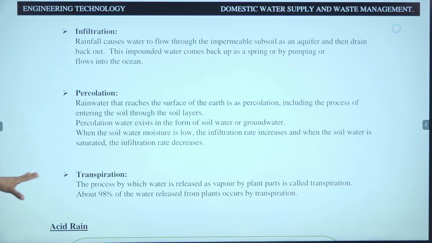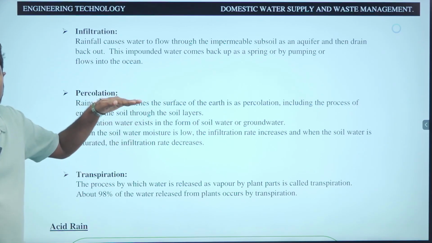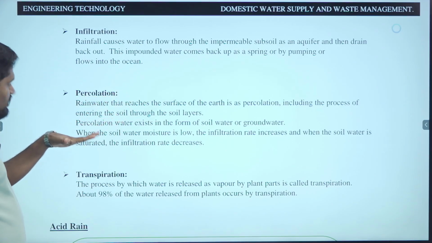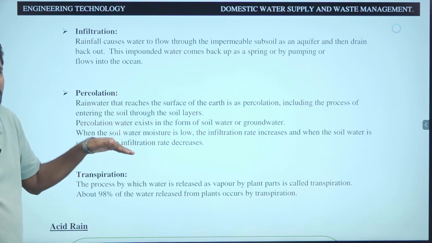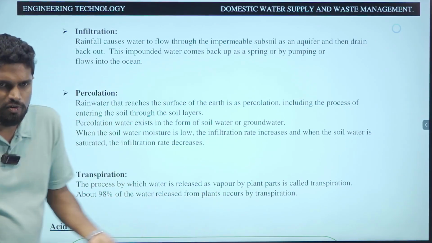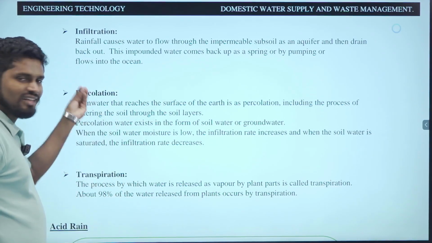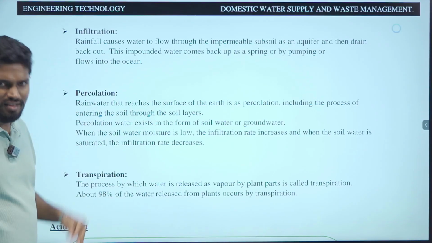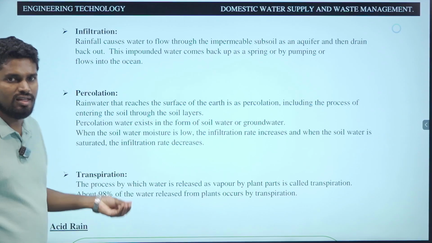Infiltration means that after the water comes to the surface, the water is absorbed into the soil, no? That process we can call infiltration. Then after that, the percolation.